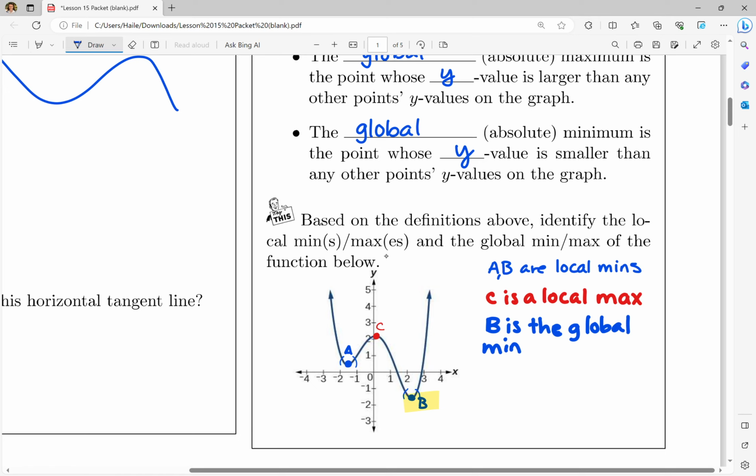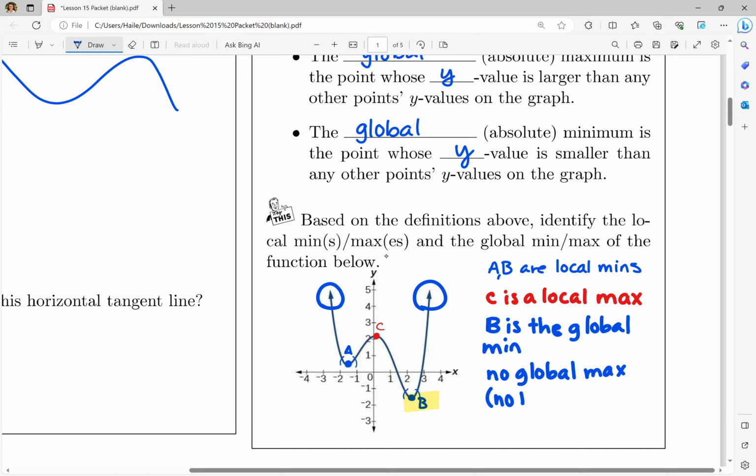And we don't have a global max. And why is that? Well, if I consider the fact that at negative infinity and positive infinity, my graph is going to infinity in both cases. So I don't have a biggest y value.